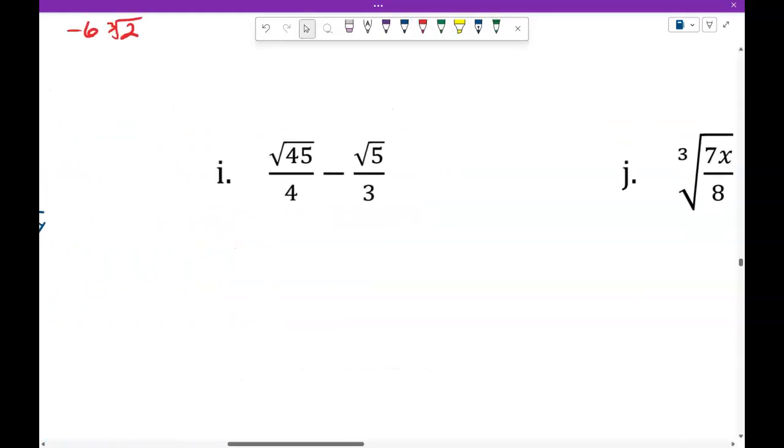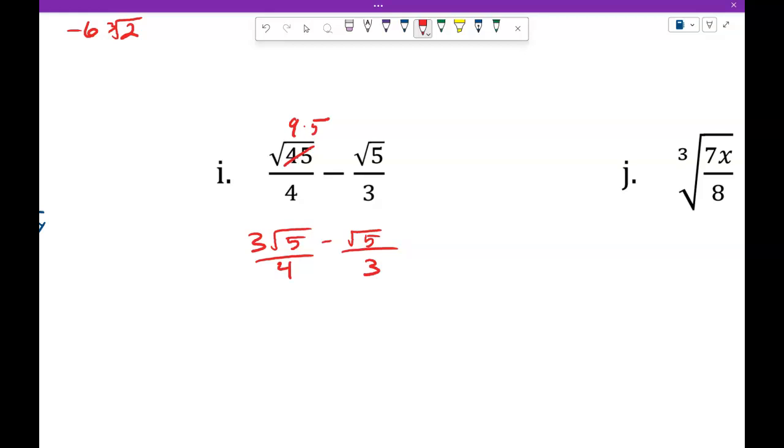In order to subtract these fractions, we need a common denominator, but let's go ahead and simplify any radicals first. 45 is 9 and 5, so we get 3 root 5 minus root 5 over 4 and 3 respectively.